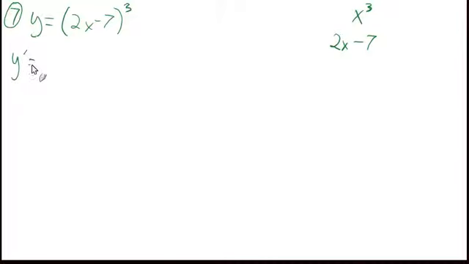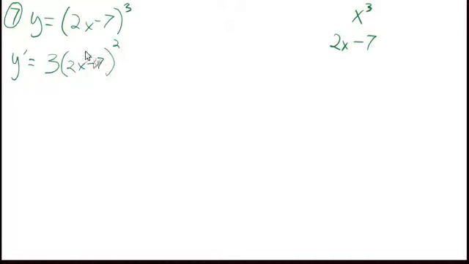So enough talking, let's see what I mean. The derivative of something to the third would be 3 times the something squared, assuming that the something was the variable that you're taking the derivative with respect to, right? It's d dx, the change in y over the change in x.